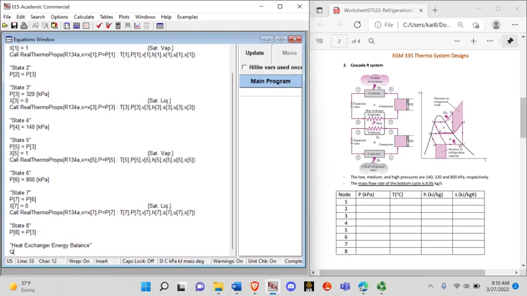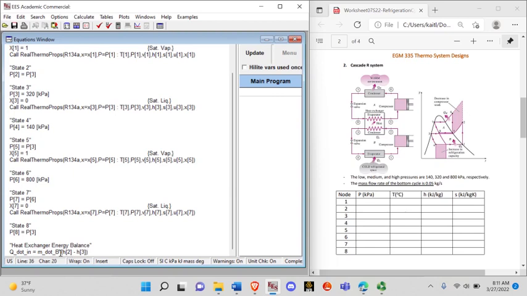And we know that the heat into the system is m dot B times, it would be the heat into minus the heat out of the system, so the heat into the system would be H2 minus H3.